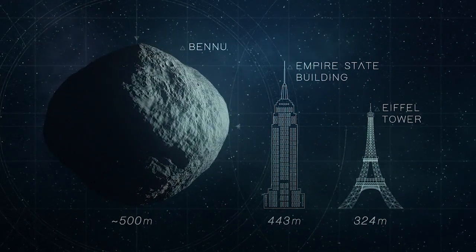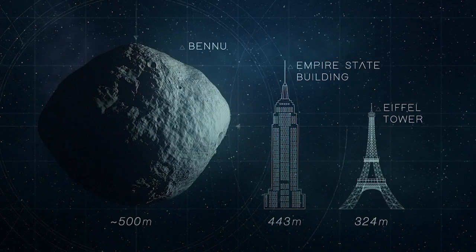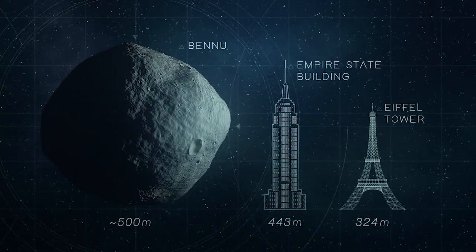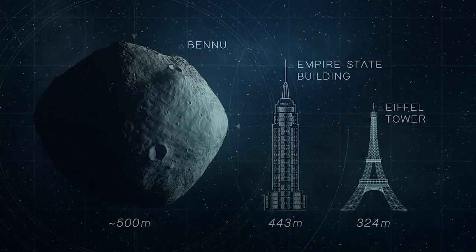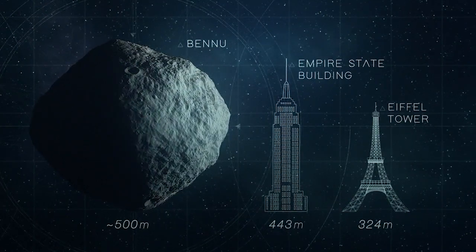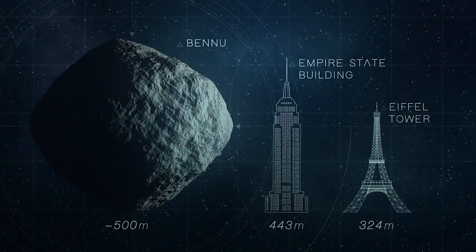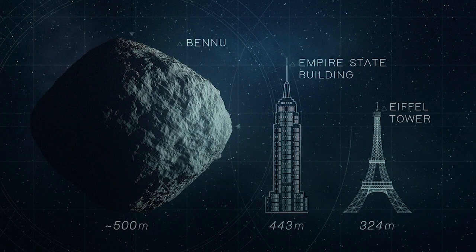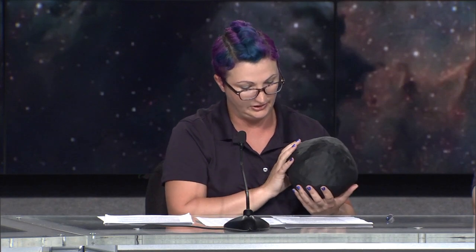Furthermore, it's difficult to match the rotation speed of a rapidly rotating object. So we need an object that's at least 200 meters in diameter. Bennu is actually 492 meters in diameter at its equatorial bulge, and its rotation period is only 4.3 hours. So we'll be able to match the rotation speed of it and do a safe, smooth, slow high five to collect that sample that we will then return to Earth.